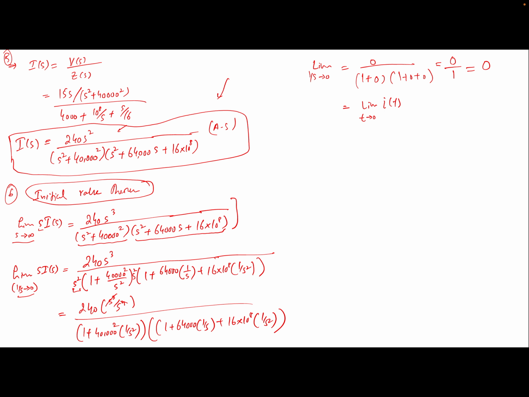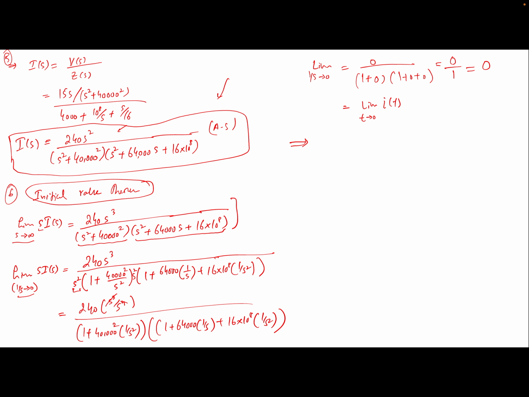The problem with applying the final value theorem, I'm going to make an interesting conceptual point over here, and we discussed that. You remember when we were deriving the expressions of the initial and final value theorems, we made certain assumptions. For the initial value theorem, our assumption was that we should not have an impulse function at time t equals 0.